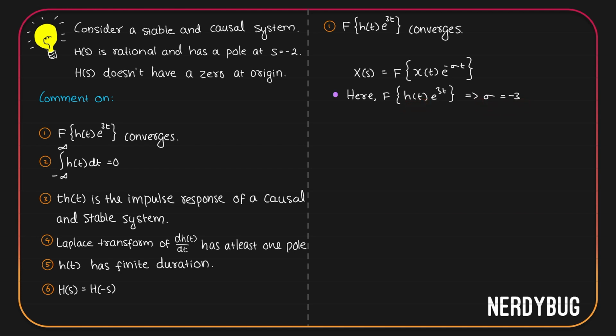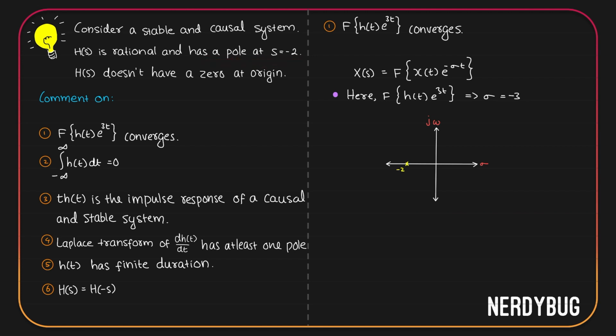It is given in the question the system is causal and it has a pole at s equal to minus 2. I have shown it over here on the s plane. Now, we know for a causal system, ROC has to be towards the right of the rightmost pole. Here, we don't know if there are any more poles. It is just given that it has one pole at s equal to -2.